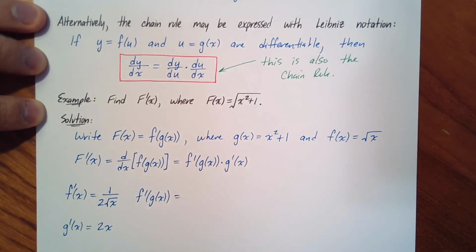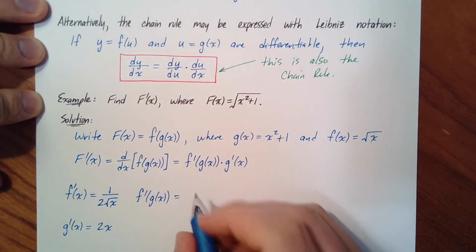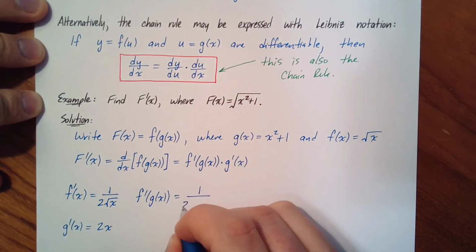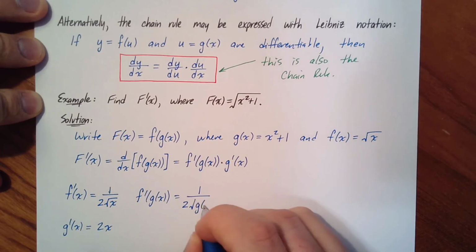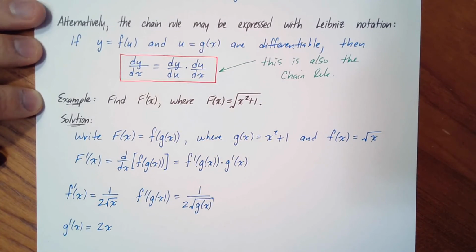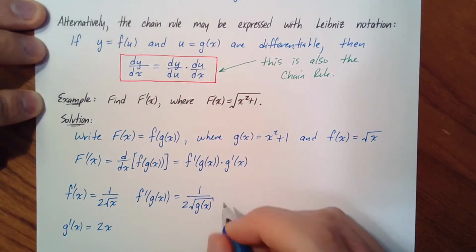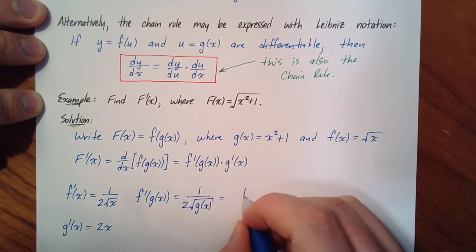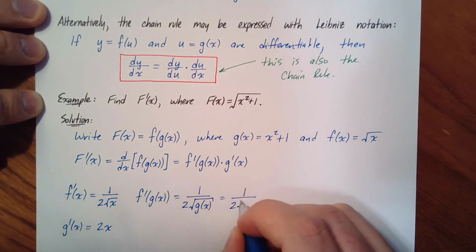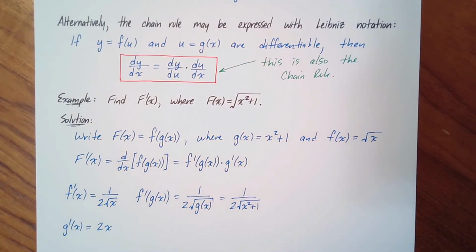Well, if I were to write it out in a literal sense, I would have 1 over 2 times the square root of g of x, right? That's literally what f prime of g of x means. But g of x is x squared plus 1, so why don't we substitute that in for g of x, and we'll get 1 over 2 times the square root of x squared plus 1, right? This is our f prime of g of x right over here.